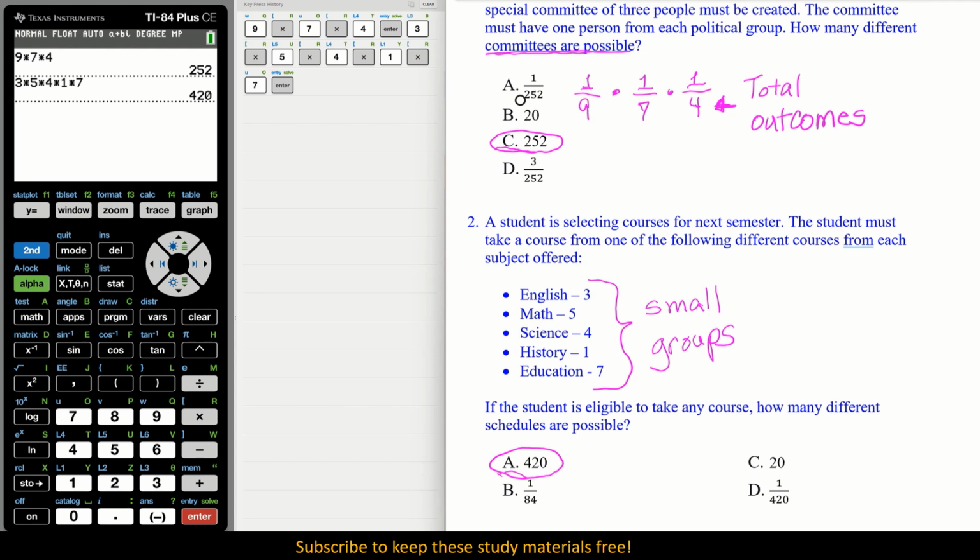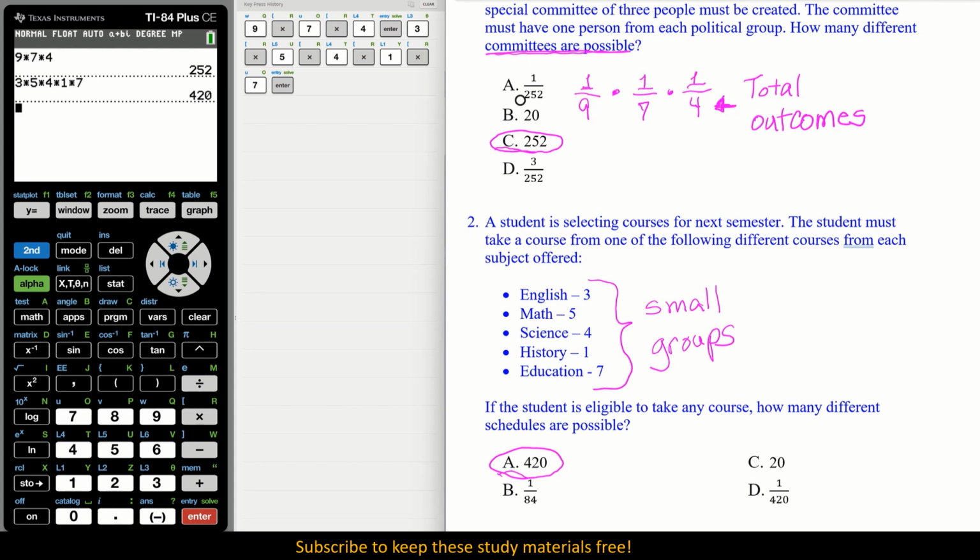Now, this can be very confusing from permutations and combinations. What we're taking into account is that we're looking at total outcomes. And always remember to look for what we are talking about here.